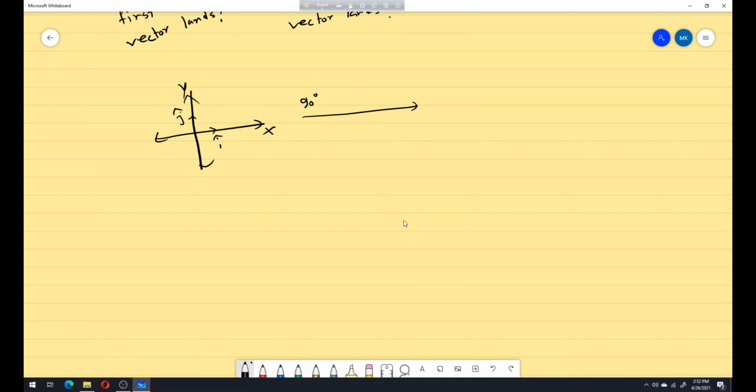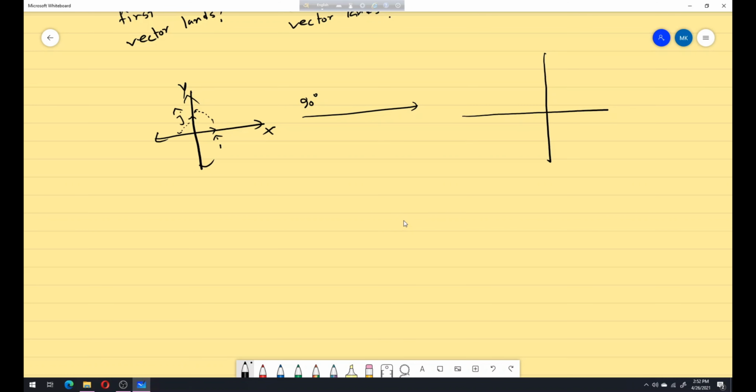So let's draw the picture first. After transforming, the basis vectors change, and you get a picture like this. So j cap comes here, I cap goes there.